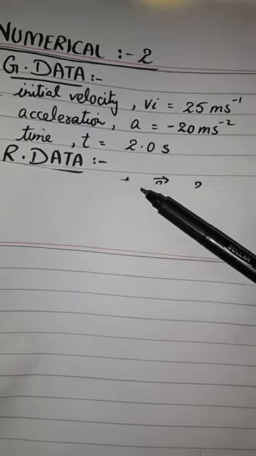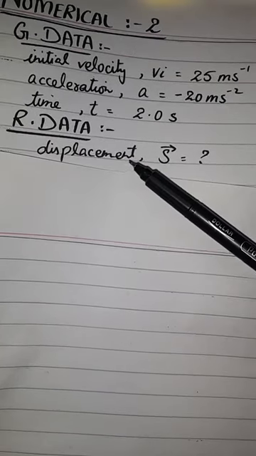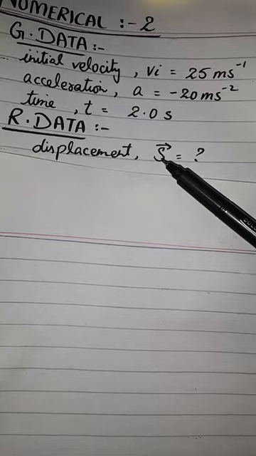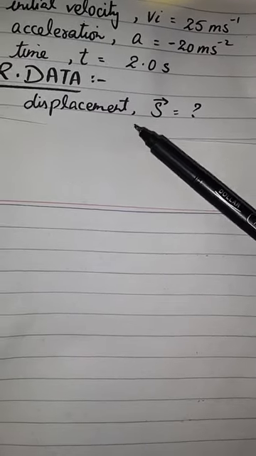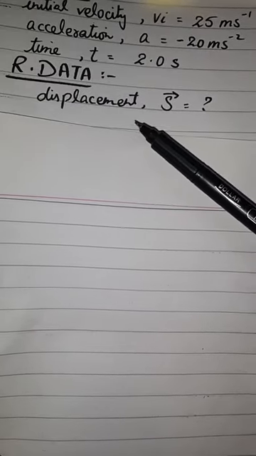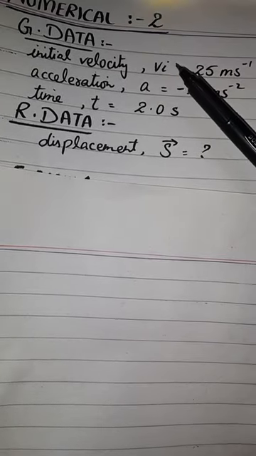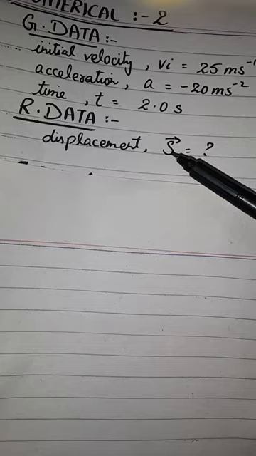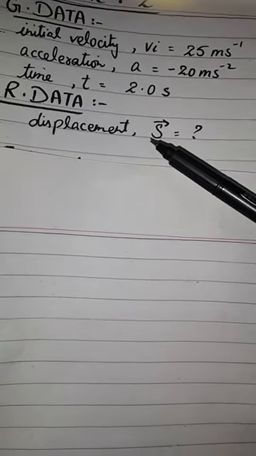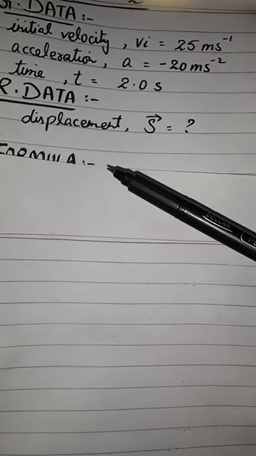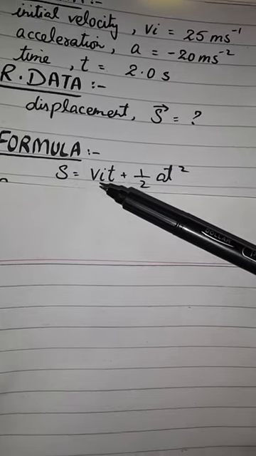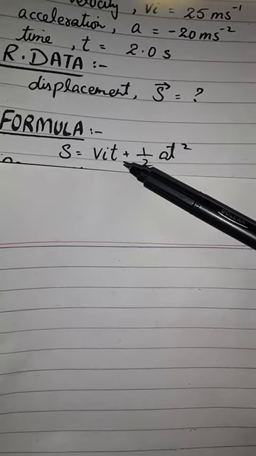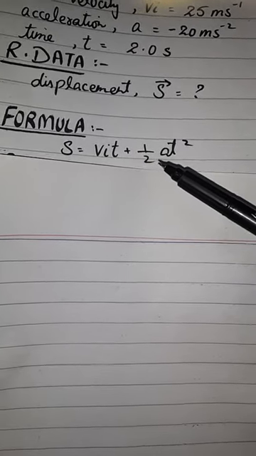Now we find the displacement, which is represented by S. Here VI, A and T are given to you and you find the displacement. So we write the formula of the second equation of motion, S equals VIT plus half AT square.